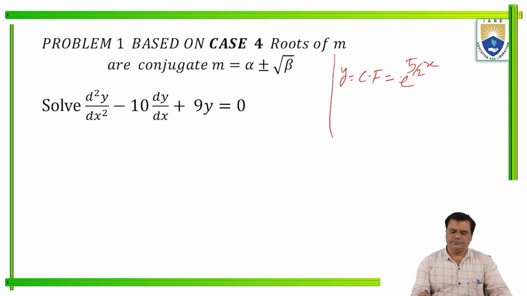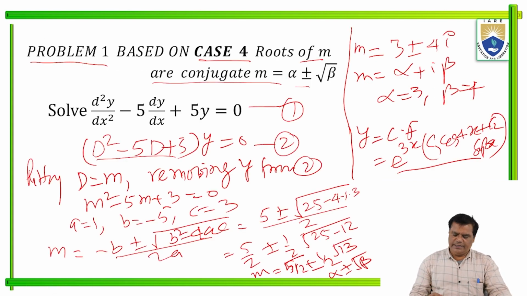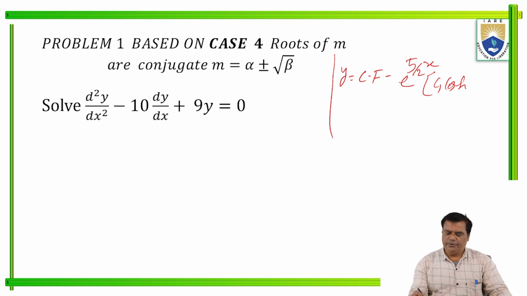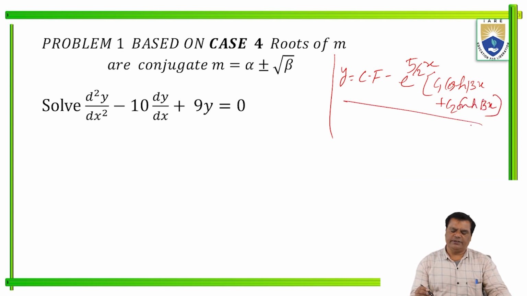And in bracket C1 cos hyperbolic beta x. What is beta? Beta is root 13. Beta x is 13x, plus C2 sine hyperbolic 13x. This is the answer.